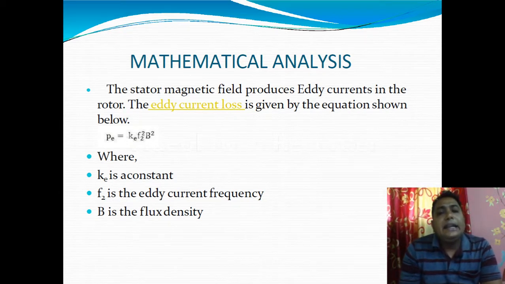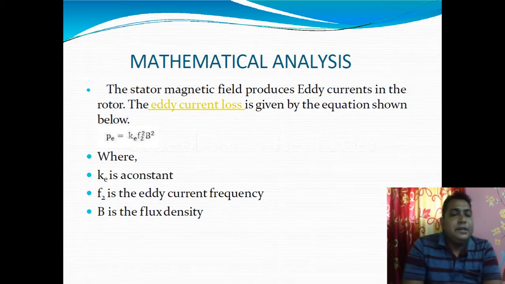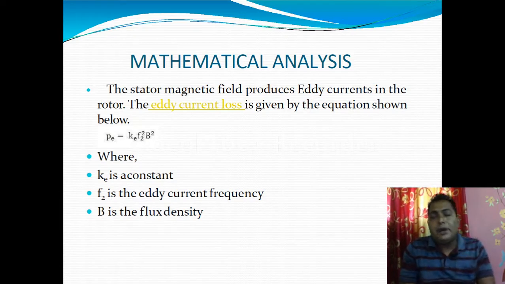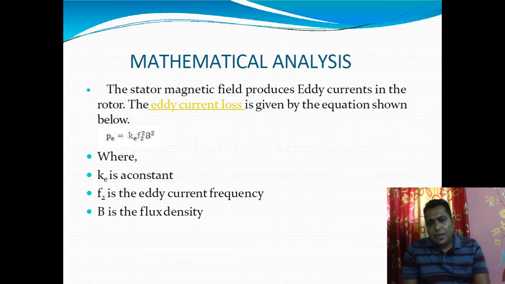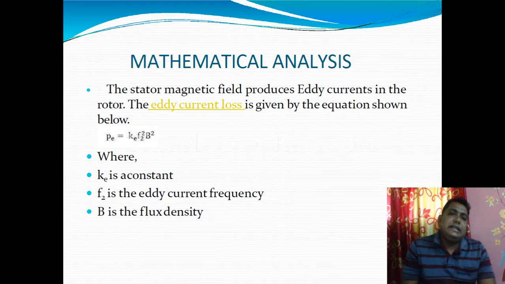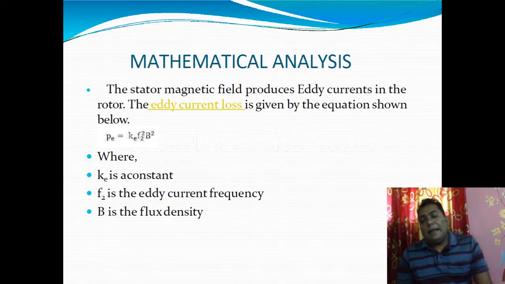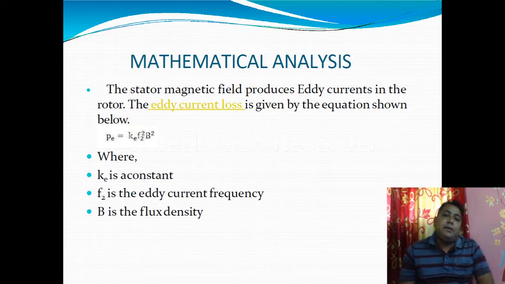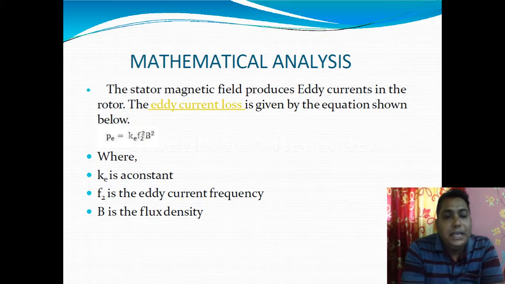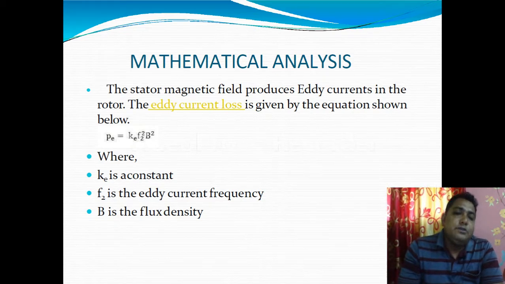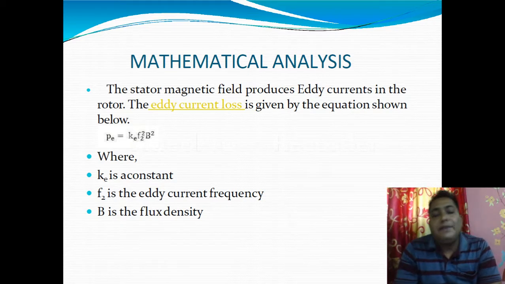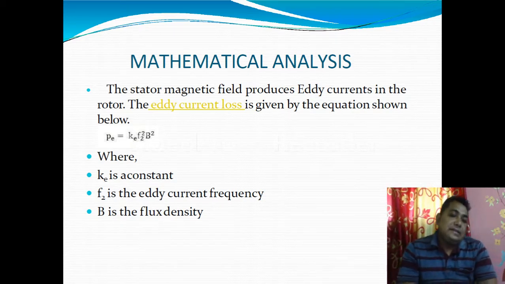The stator magnetic field produces eddy currents in the rotor. The eddy current loss is given by the equation below. This is the equation representing the power: Pe equals Ke into F2 squared into B squared, where Ke is a constant, F2 is the eddy current frequency, and B is the flux density.